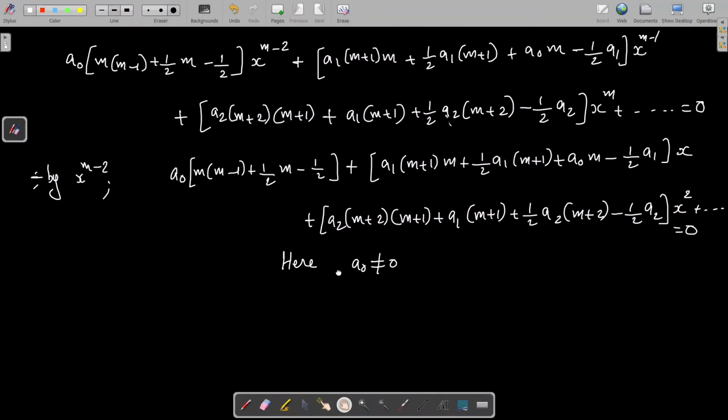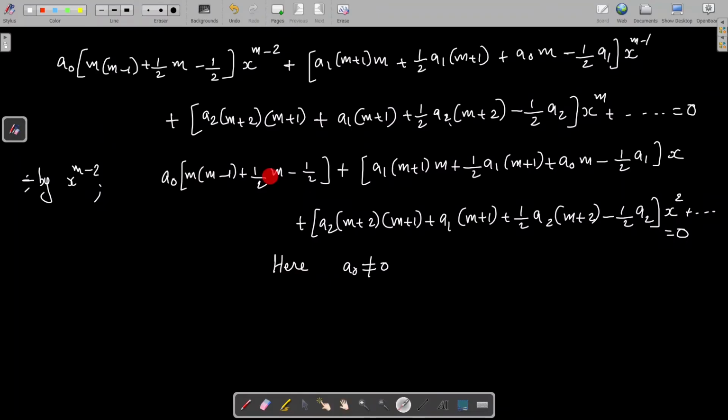Now see in this expression, since the series equal to 0, the coefficient of each power of x should be equal to 0. That is, the constant term must be equal to 0, the coefficient of x equal to 0, the coefficient of x square equal to 0, etc. Now the constant term is this one, and this equals 0. And also a0 cannot be equal to 0.